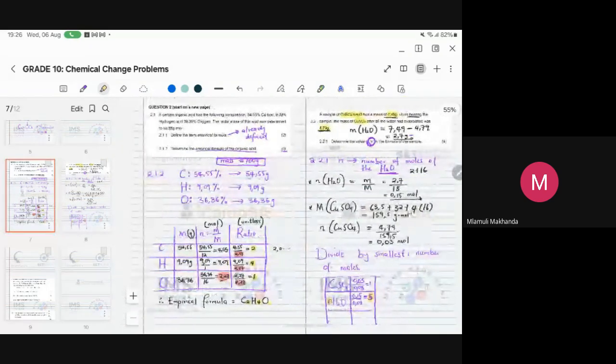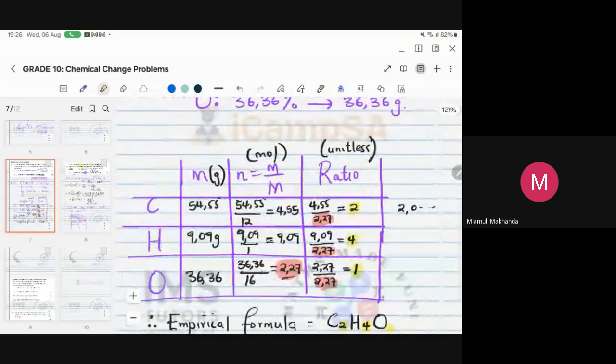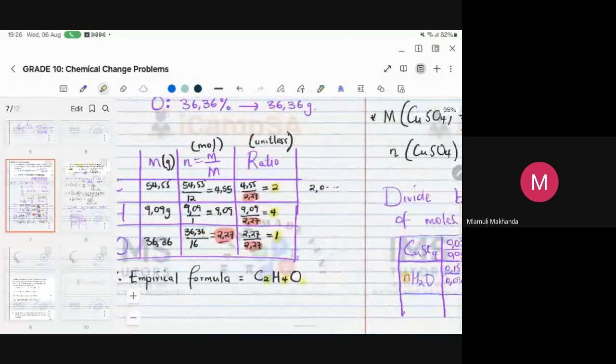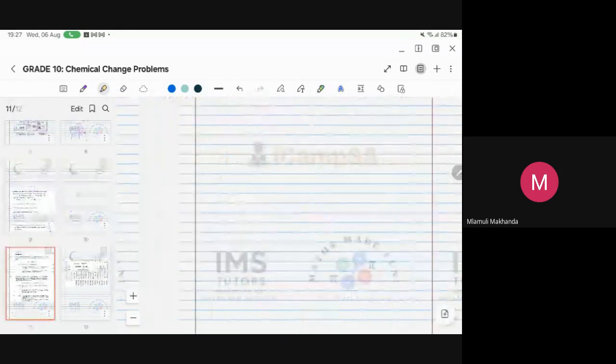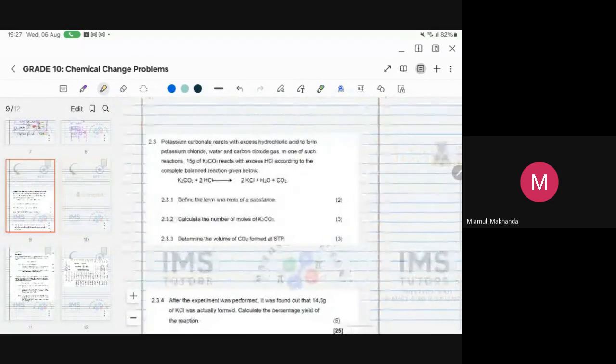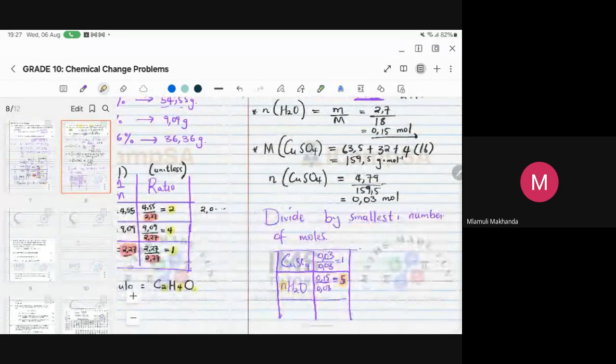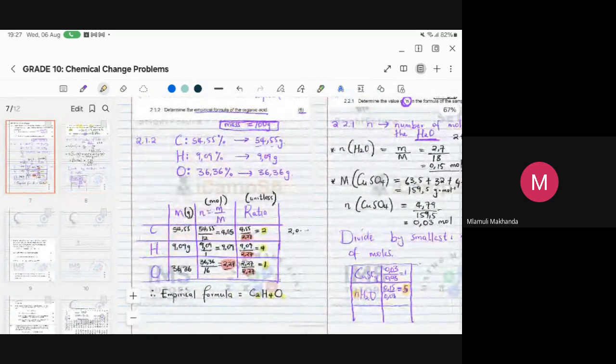It's the same thing that you would do when you are finding an empirical formula, but the only difference now is that the N we're finding in the case of hydrous salts is the one next to the water molecule, while for the empirical formula, it's a subscript.